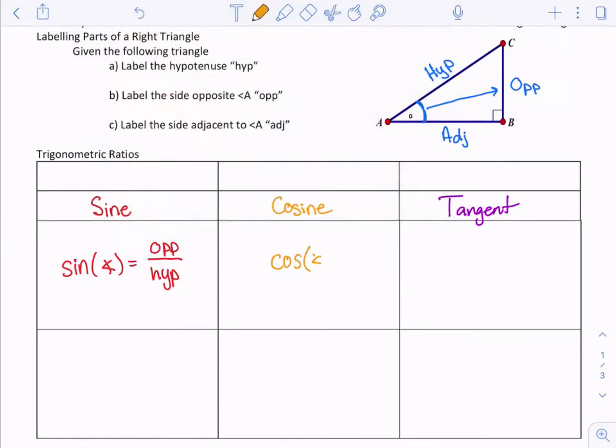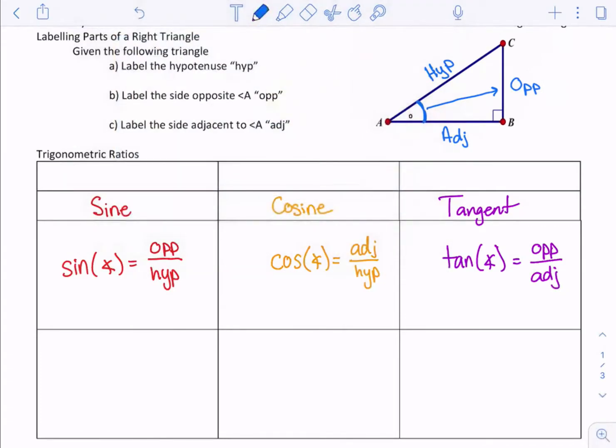Cosine of the angle, or cos, is equal to the adjacent side over the hypotenuse. And tangent, or tan, of the angle is equal to the opposite over the adjacent. So these are the three trigonometric ratios.